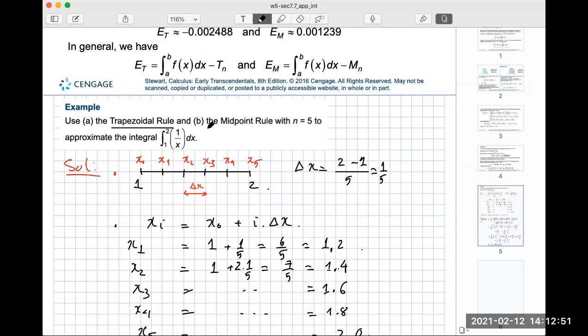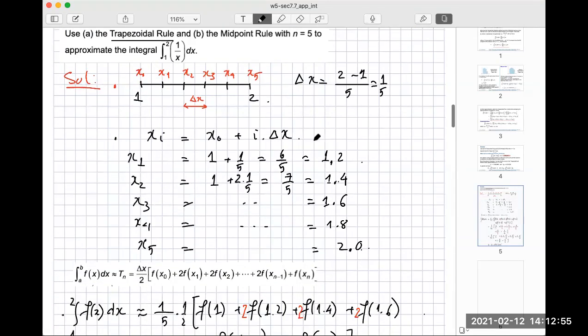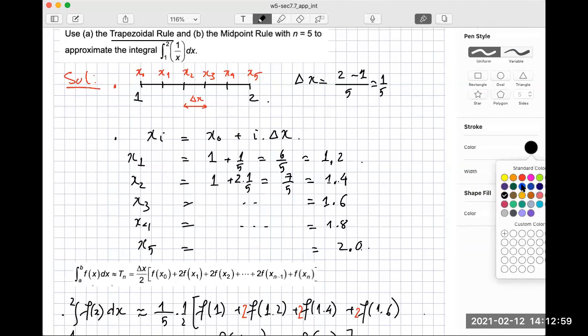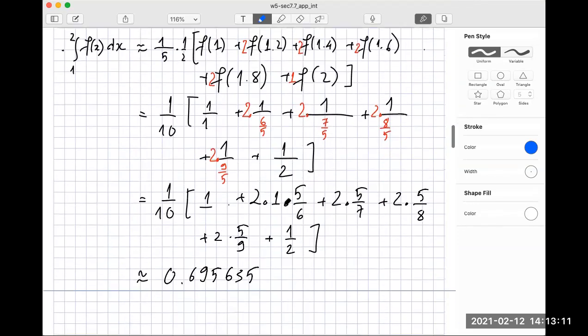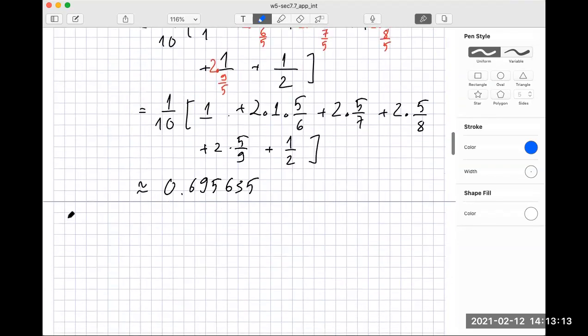And question B, the midpoint rule. Okay. The midpoint rule. Look at this. The midpoints here would be this point, this point, this point, this point, and this point, right? So do the same things.